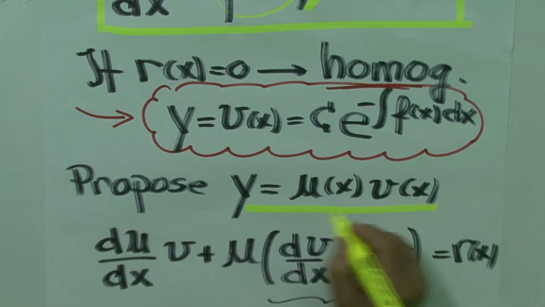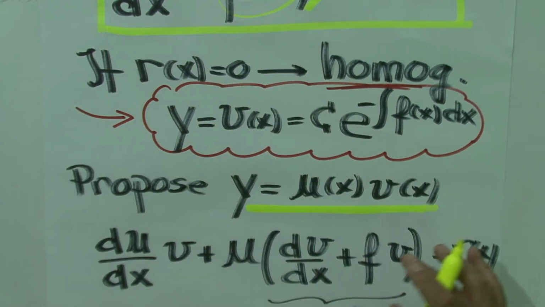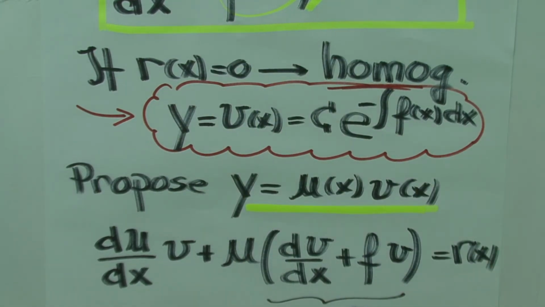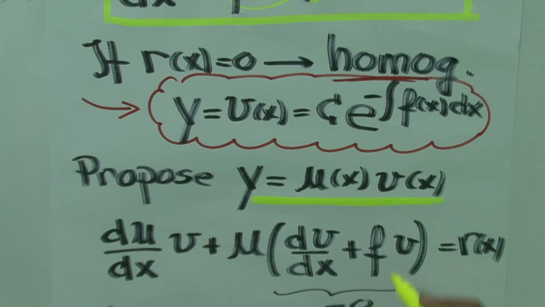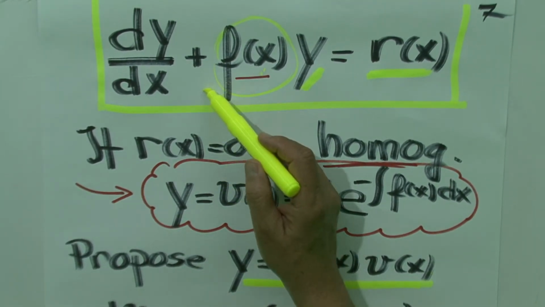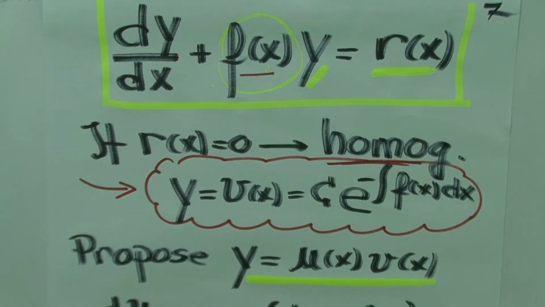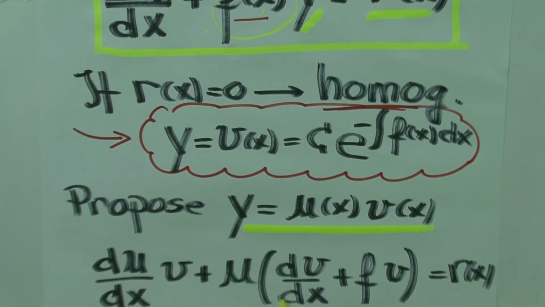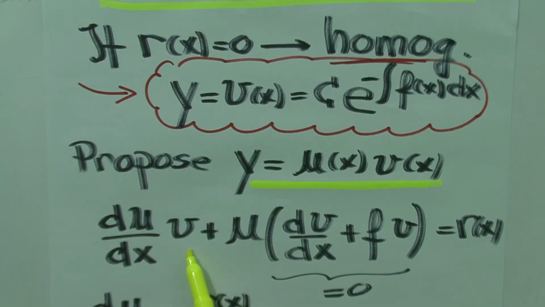Now, what I want you to do is what we call proposing a solution. We're going to propose that the solution of this must be the product of this, because of what we learned from there. And when you propose this, you can come with this y and substitute in this equation. And when you do that, you end with another equation. But now this other equation is something very interesting, because you see, it has v, u, and r.